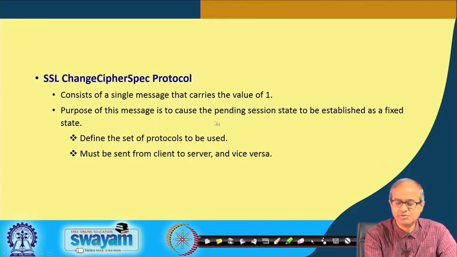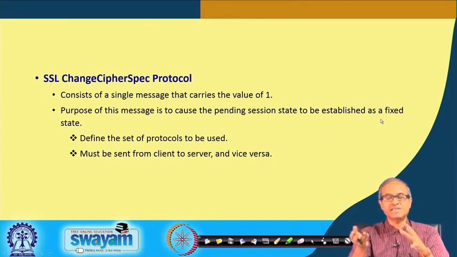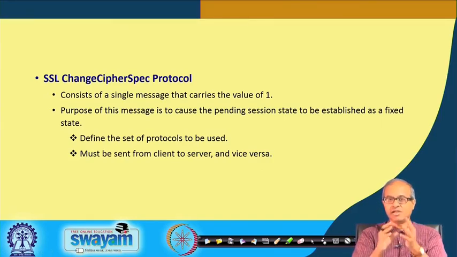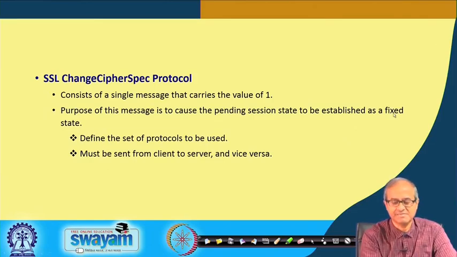The purpose of this message is to cause the pending session state to be established as a fixed state. You can say that I want to use AES, I want to use MD5, etc., but whenever you send this change cipher spec message, all these things you have specified will immediately take effect. They will become a fixed state and define the set of protocols to be used subsequently.